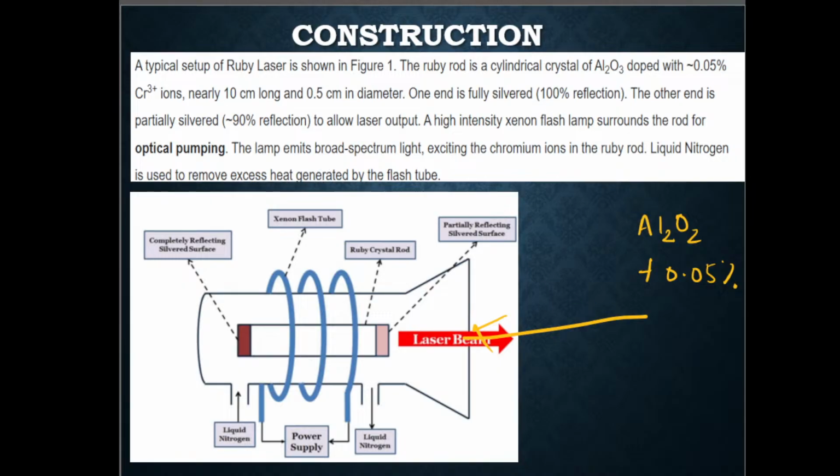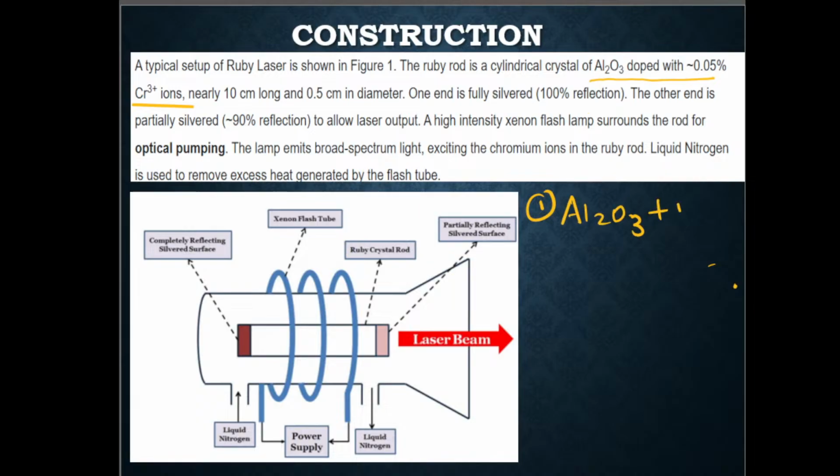So the first point about the rod is that it is made up of aluminium oxide doped with 0.05% of chromium 3 plus ions. So the first line is about the rod: aluminium oxide plus 0.05% of chromium 3 plus ions.